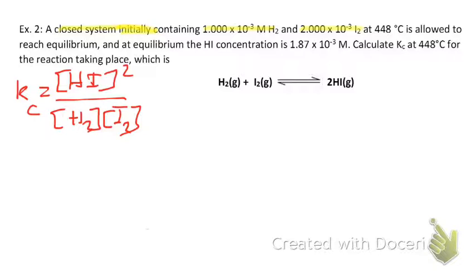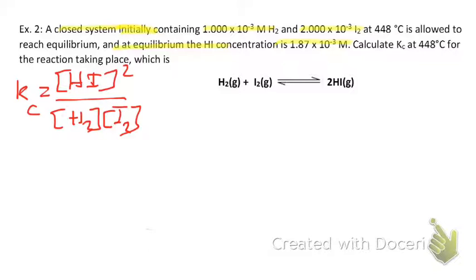Now, we do not know the concentrations at equilibrium of H2 and I2. However, it does tell us that the equilibrium concentration of HI is 1.87 times 10 to the minus 3 molar. All right? So we have the equilibrium concentration of HI, but not of our two reactants, just their initial.